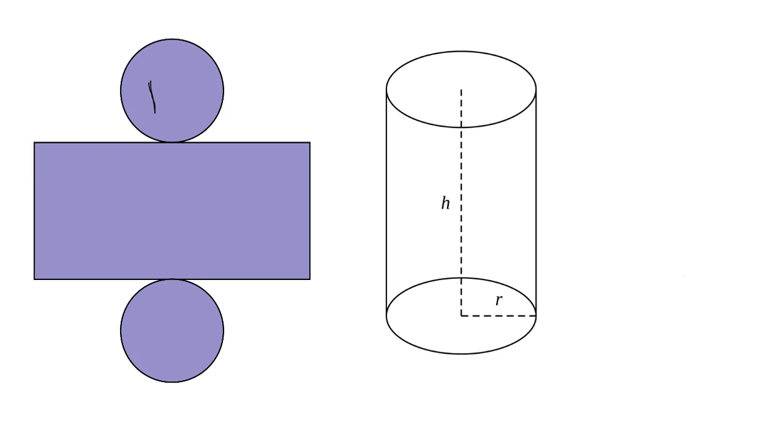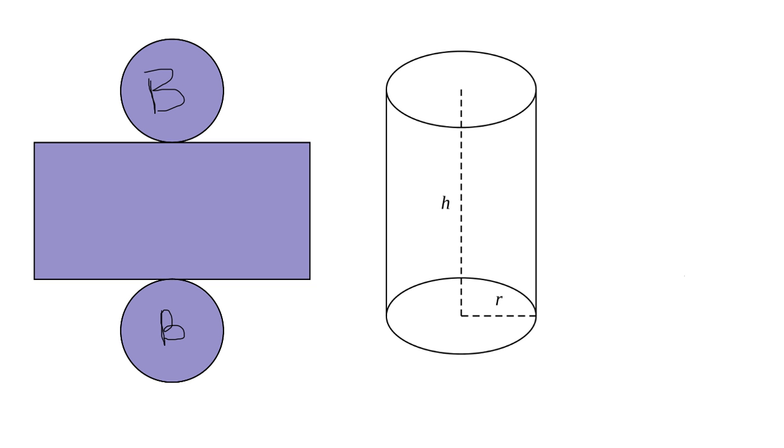So the two bases are circles, so they're over here on the net, and its lateral face is still a rectangle, very much like the prism. So if I want to find the lateral area of a prism, then I need to know the area of this rectangle.